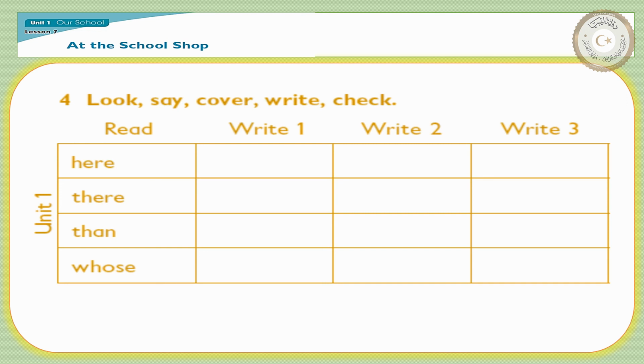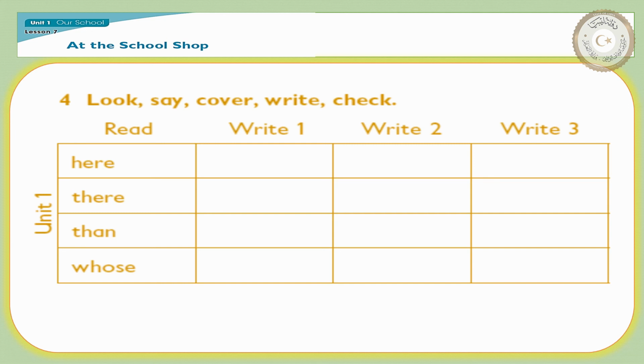Okay, Muhammad, can you show me yours? Okay, it's good. What about Rujain? H-E-R-E. Okay, now can you close your eyes and give me the spelling? How do you spell there? There are or there is?